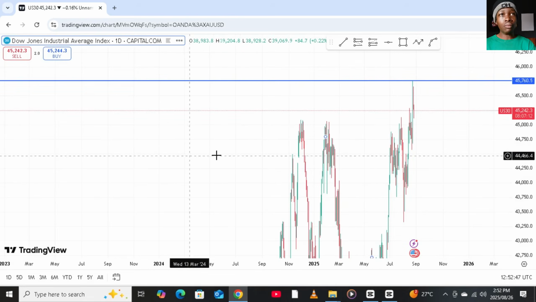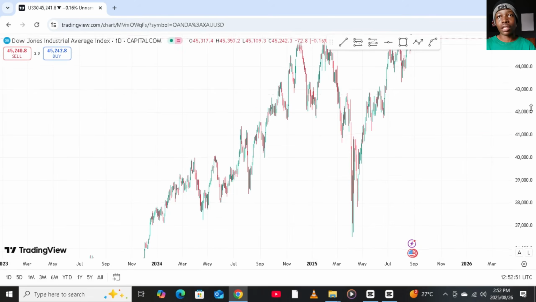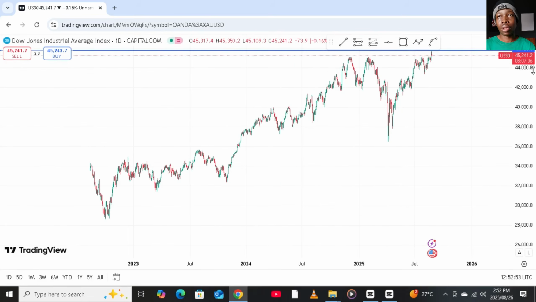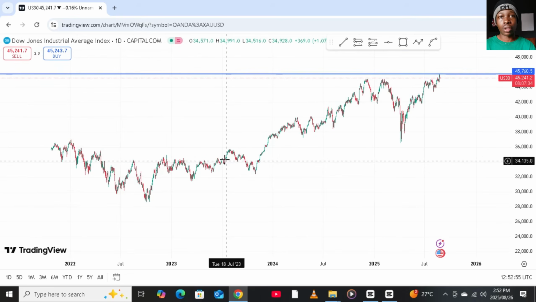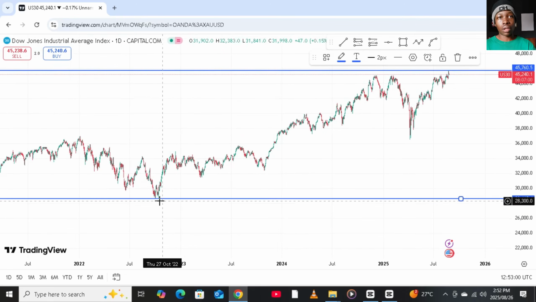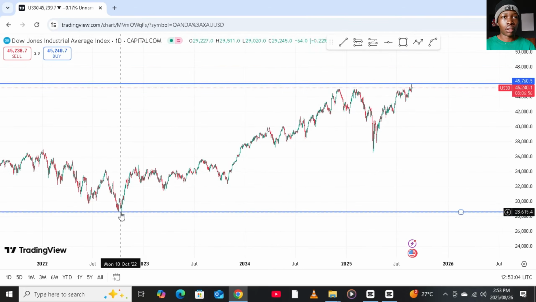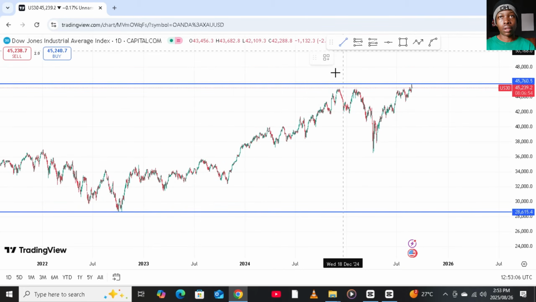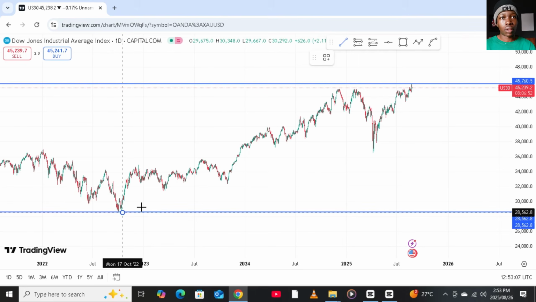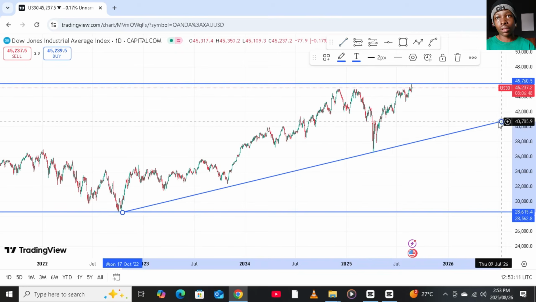Now we're in the daily time frame. Let's just find the low, and that will help us draw a perfect trend line. Draw a line over this low right here, right? And draw another trend line going like this.